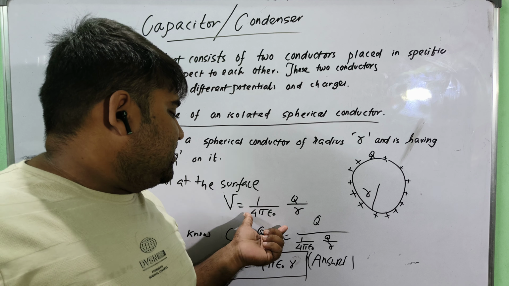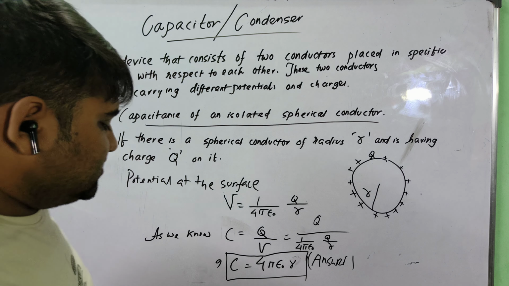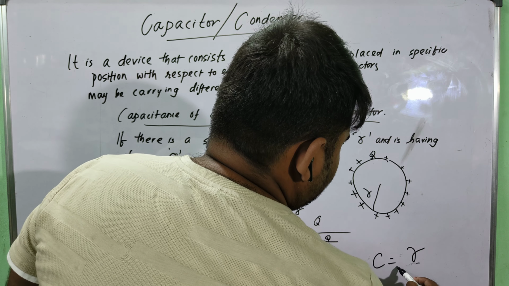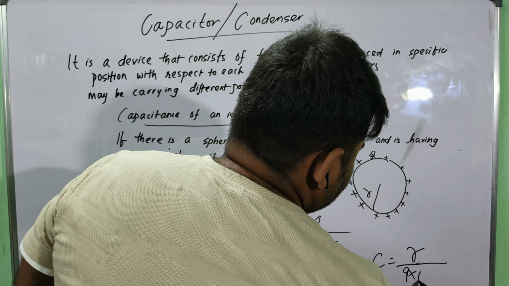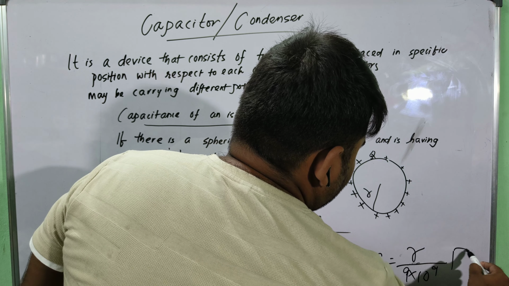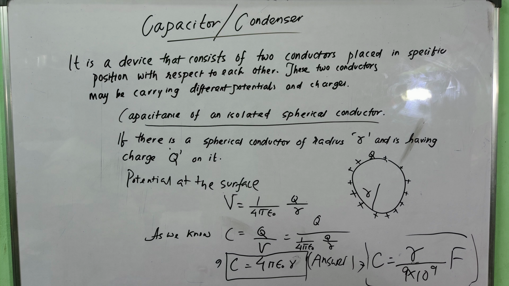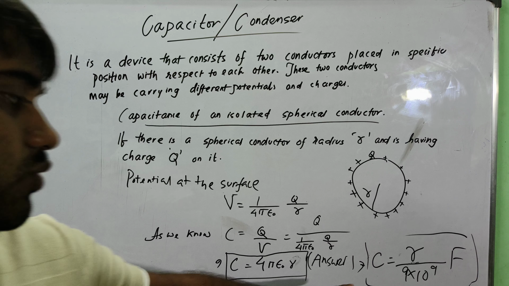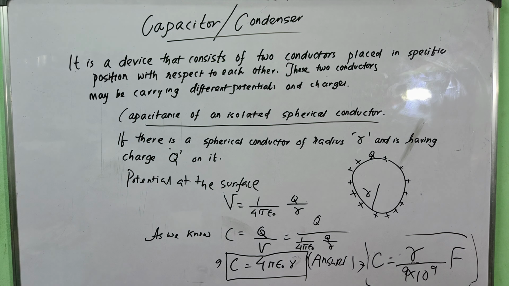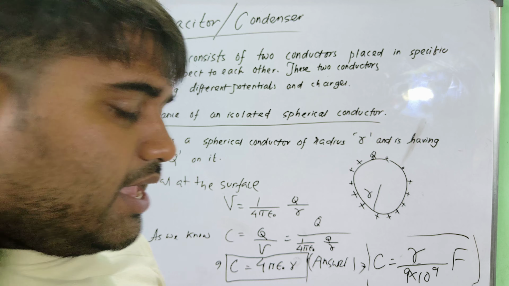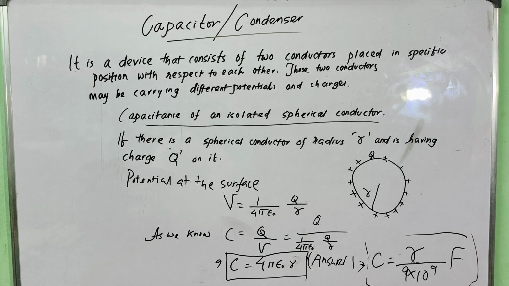Since it is at the numerator, you will write C is equal to R by 9 into 10 raised to the power 9 farad. So this is your formula for the capacitance of an isolated spherical conductor.